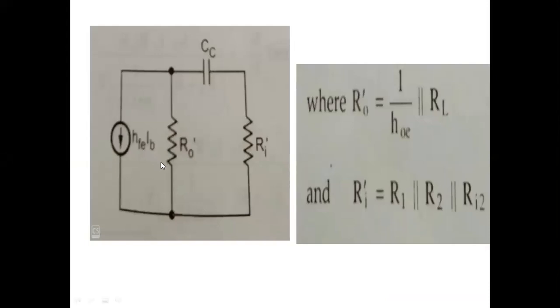It can be modified into a Thevenin equivalent circuit, because we want to find the voltage gain, so we convert the current source into a voltage source. We have a current and a resistance, so the voltage is V equal to I into R, that is hfe ib into Ro dash.